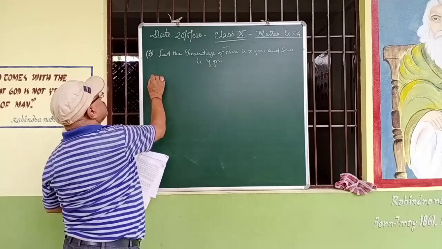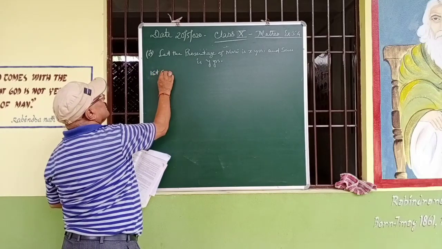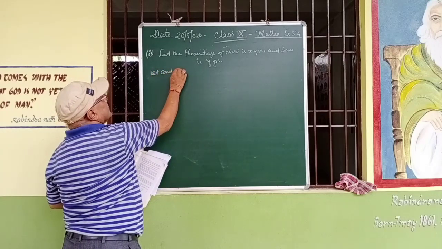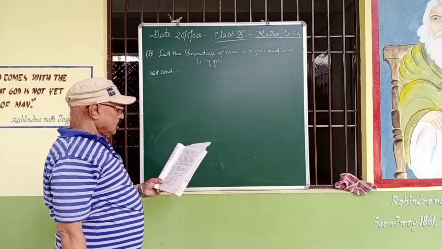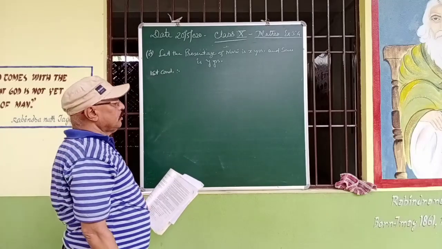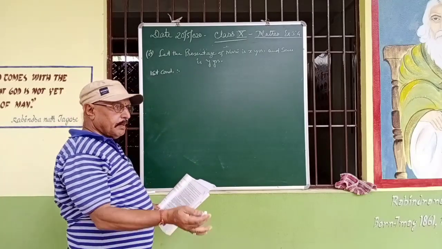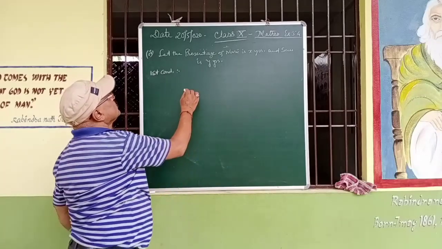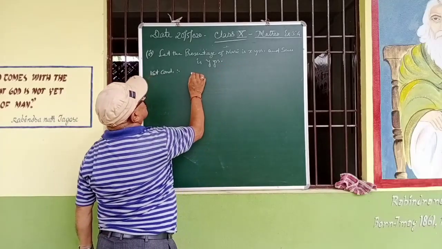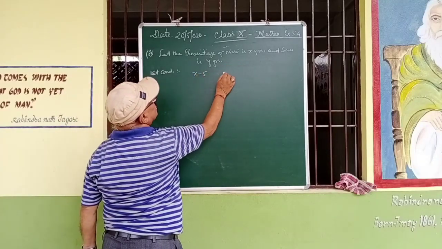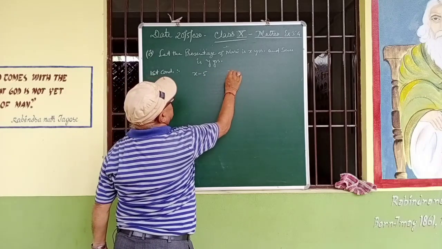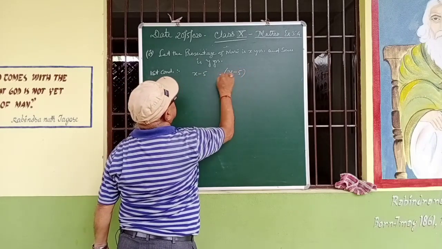Now first condition, 5 years ago. From now 5 years ago, Nuzi's age was x minus 5 and Sonu's age was y minus 5.